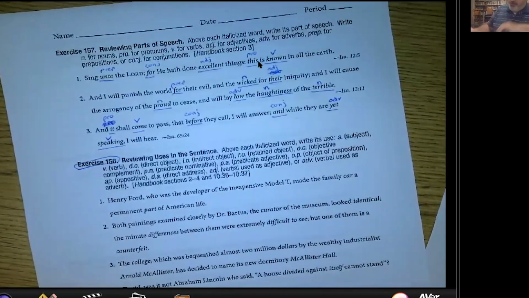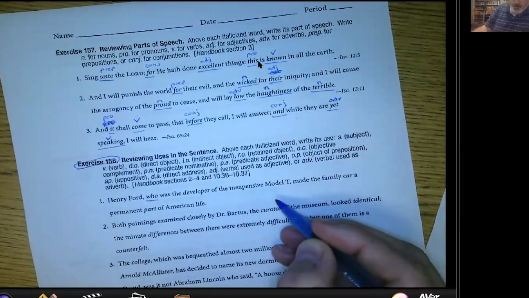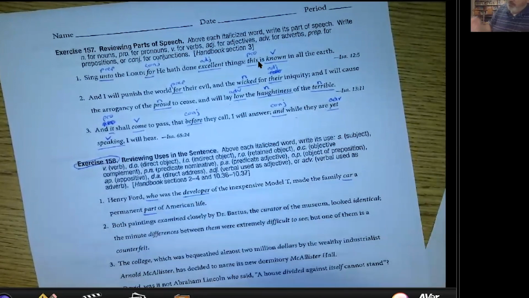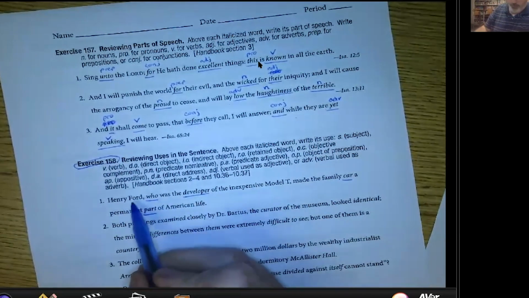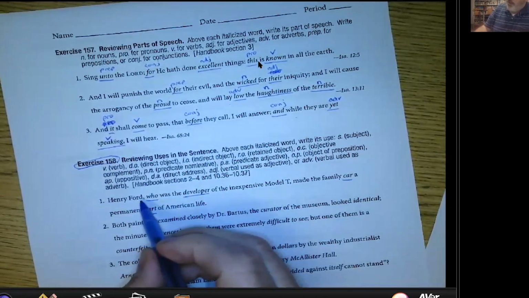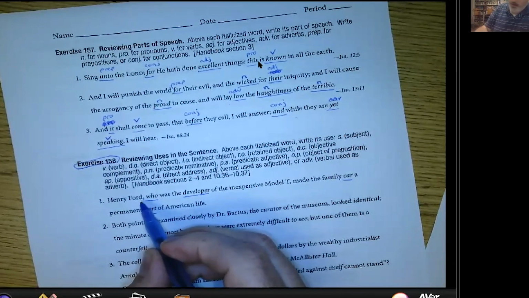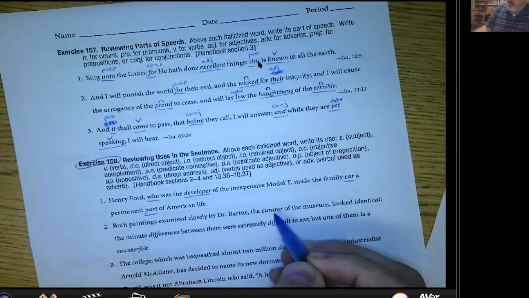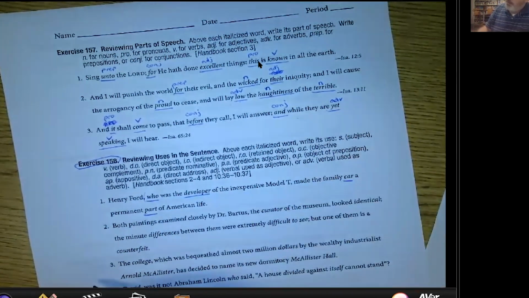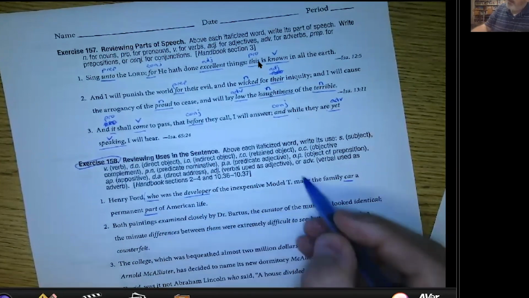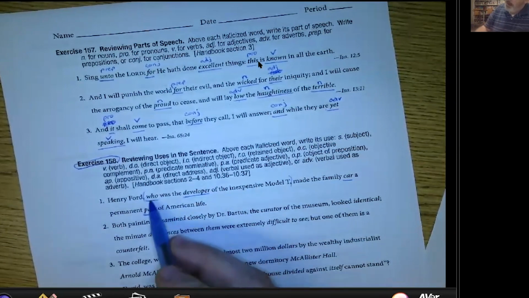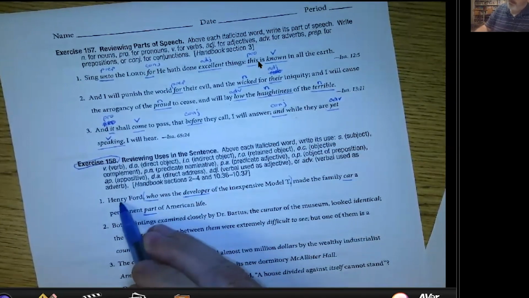Okay, so in the first sentence, we're looking for the words who, developer, car, and part. These are functions. So in this, Henry Ford, in the context of this appositive, who is the developer of the inexpensive Model T, in the context of that clause, actually it's an adjective clause because it's describing Henry Ford.